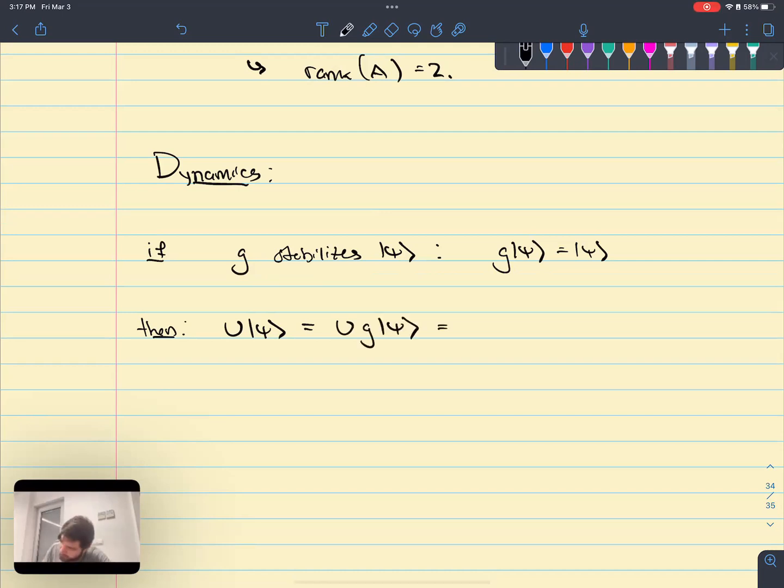And then using the property of the unitary operators, I can do U times G times U dagger times U times psi like this. So here I have the state that I started with. And here I have some linear operator, in fact, a unitary acting on it. Therefore, U G U dagger stabilizes U psi.